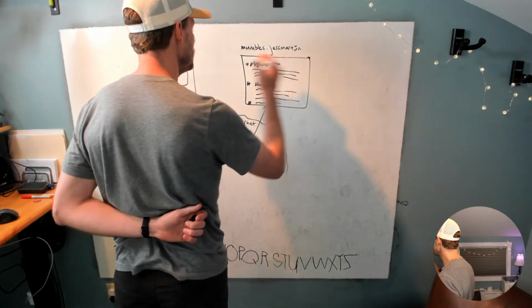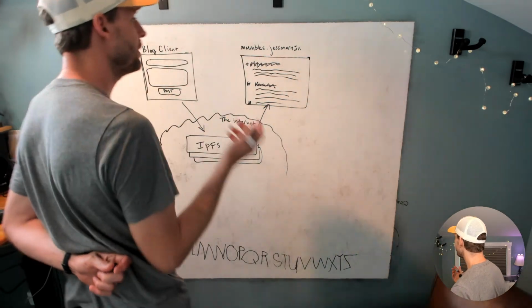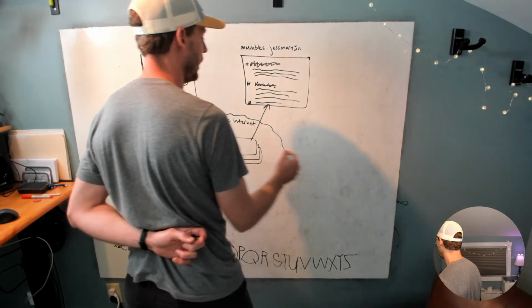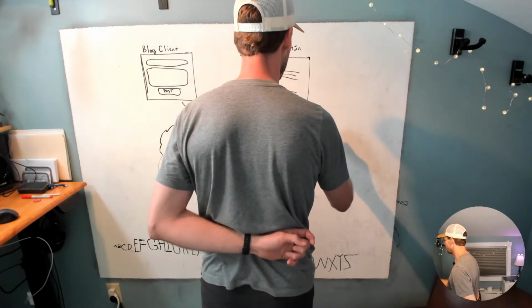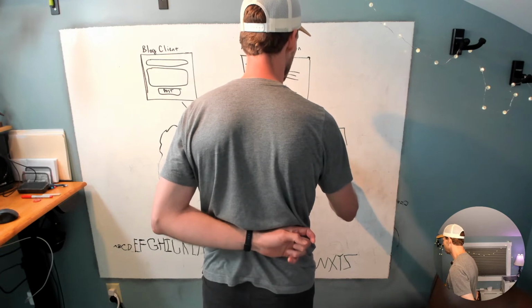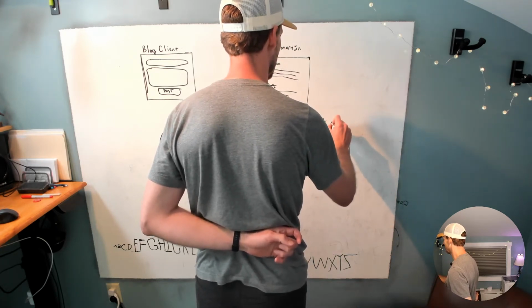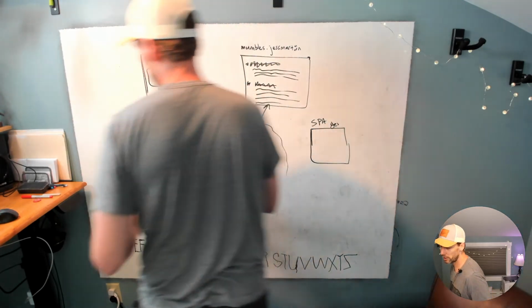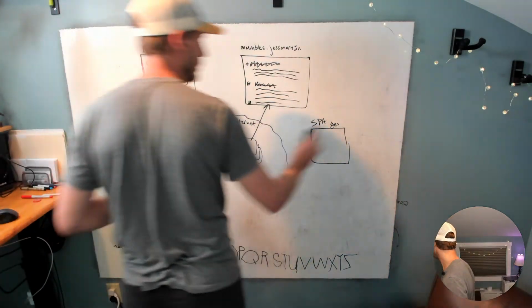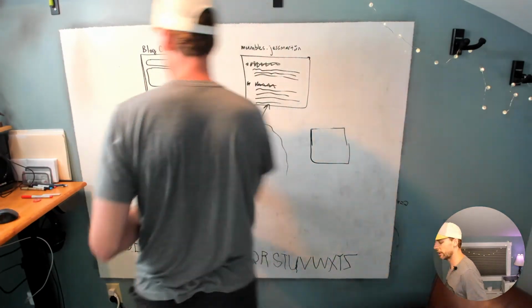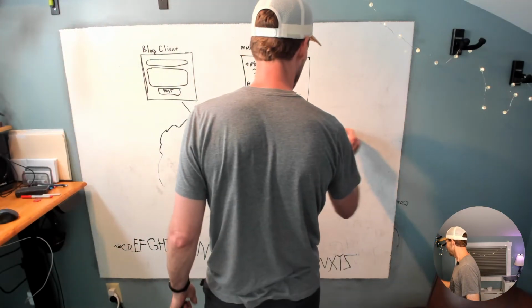And this needs to read from a specific spot on IPFS and then display these. Now, I think the right way to do this is actually to have some kind of generator, we'll call it a generator just to be as general as possible, a static site generator. That's what we want.